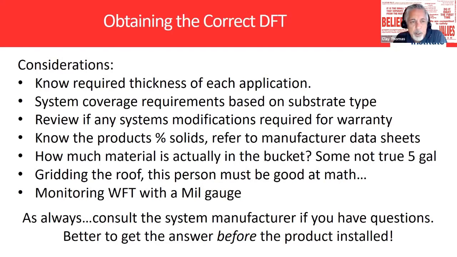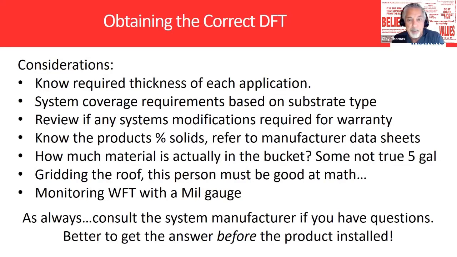And again, that's one of the things about these systems, Glenn, that is key: you really need to pay attention to what you're doing, what the specification is, what your ambient conditions are for application, to get it right, to be successful. So some of these things that I put here are, you want to know the required thickness, just like we said, of each application.